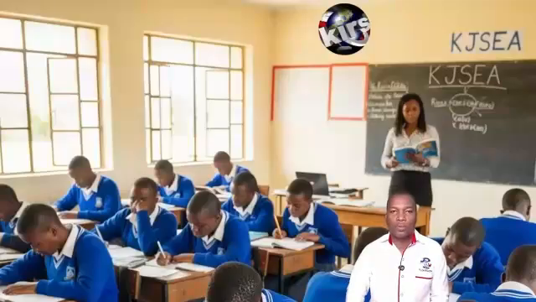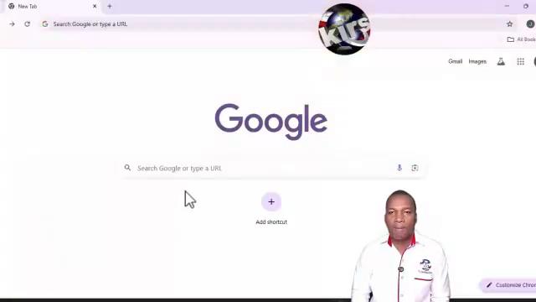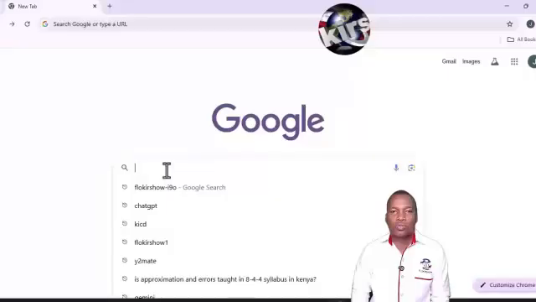All you need to do is, using either your smartphone or a computer, desktop, laptop or tablet, while connected to the internet, go to your web browser.